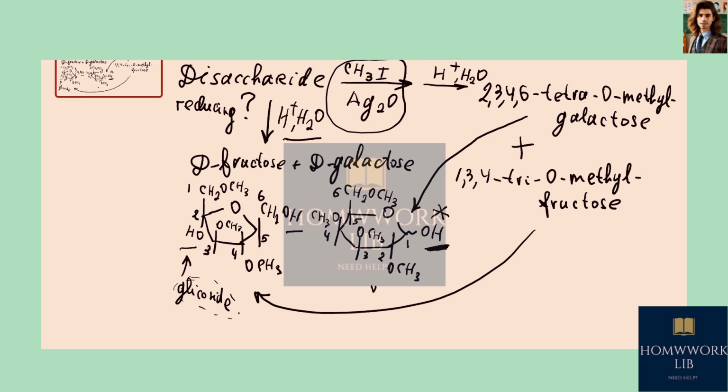Then why is it OH? It's produced in the process of hydrolysis. First it was methylated, and then it was hydrolyzed. But this group is primary.